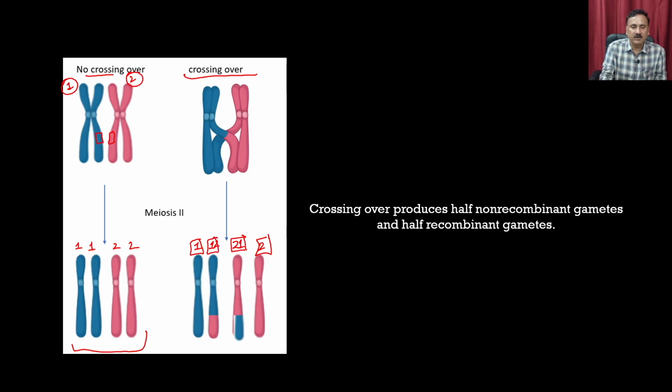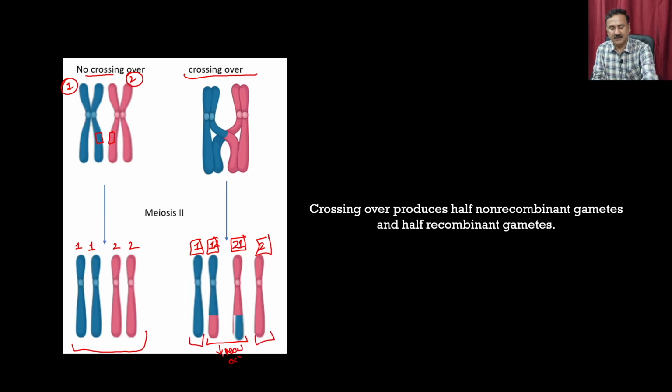Similarly, here you have more portion of 2 and a small portion of 1. So this is going to be a new organism. This is going to be the wild type organism, and this is going to be a new organism, because crossing over has taken place.